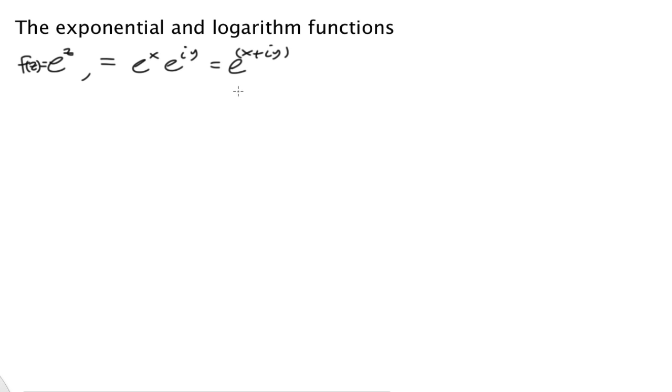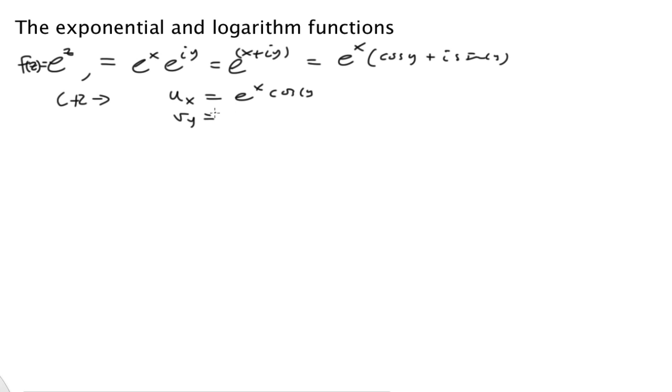All right, so we also know some other properties about this. We can rewrite this as e to the x times cosine y plus i sine y. And from the Cauchy-Riemann equations, we know that u_x is going to be equal to e to the x cosine y, and v_y is going to be equal to e to the x times cosine y.